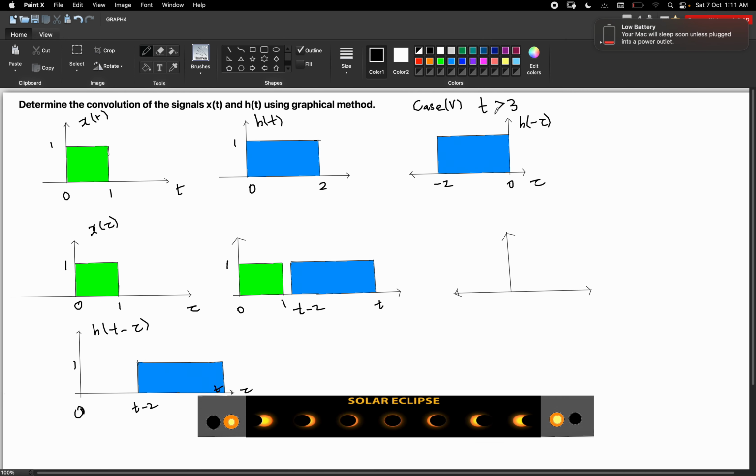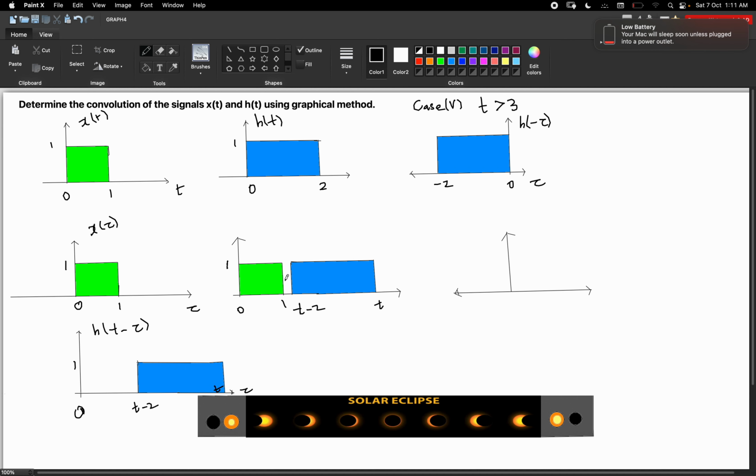Here the value of t is greater than 3. So in this case x of t, h of t and h of minus tau are the same as in the previous cases, and consider h of t minus tau. The h of t minus tau will be on the right side of the y-axis, and if you overlap x of tau and h of t minus tau, you will get this kind of thing.